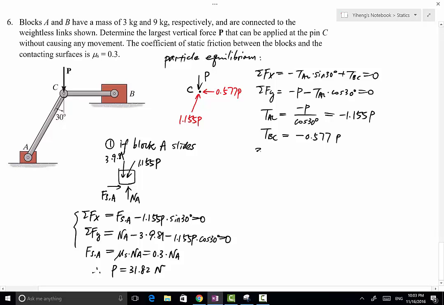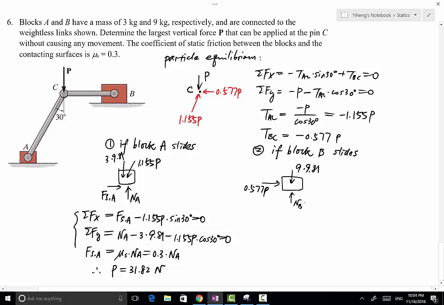But then, what if block B slides? Then the free body diagram will have its own weight, that is 9 times 9.81. We have this force from the tension, 0.577 P, the compression force, and the normal force N_B, not known right now.